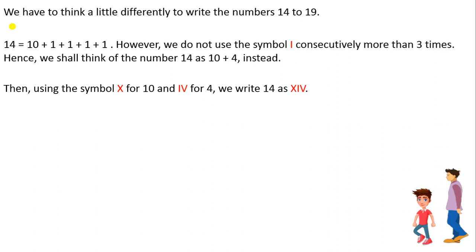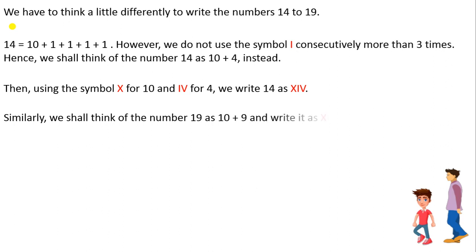And similarly, we can do for 19 also. 19 will be written as 10 plus 9, that is X for 10 and IX for 9. Then 19 will be written in Roman numerals as XIX.